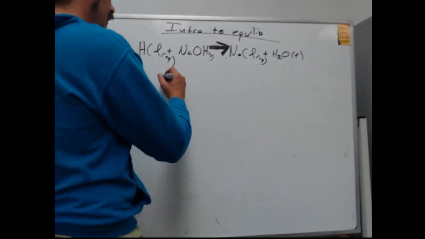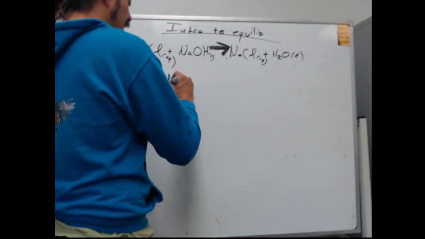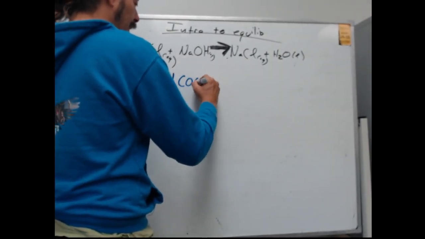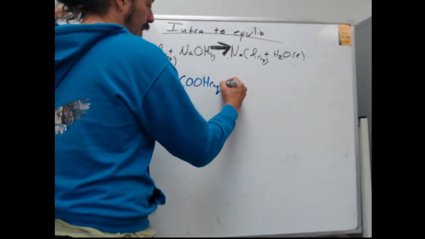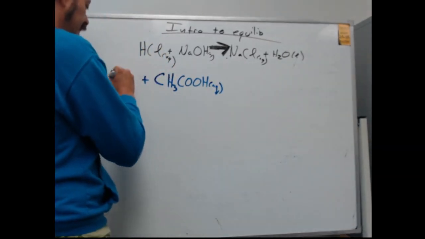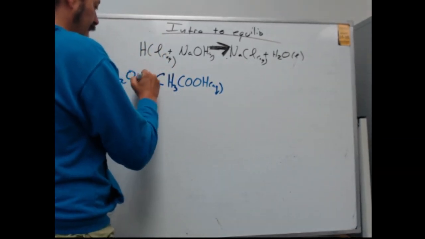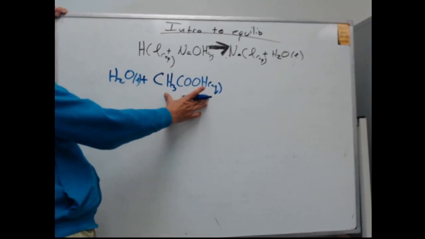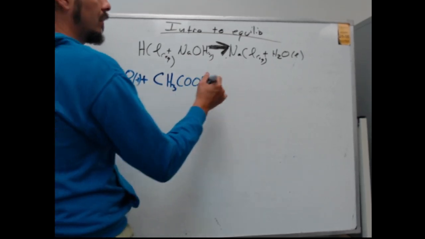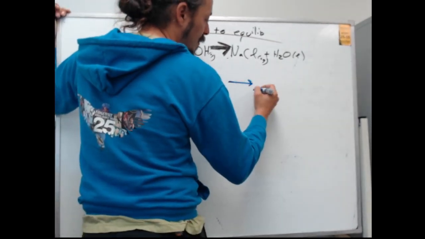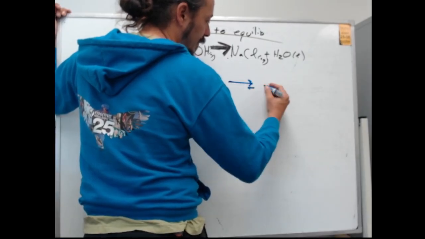So the example I'll use, this is one of the most typical examples. If I put this compound, acetic acid, it's a weak acid, into water, it develops some amount of equilibrium.